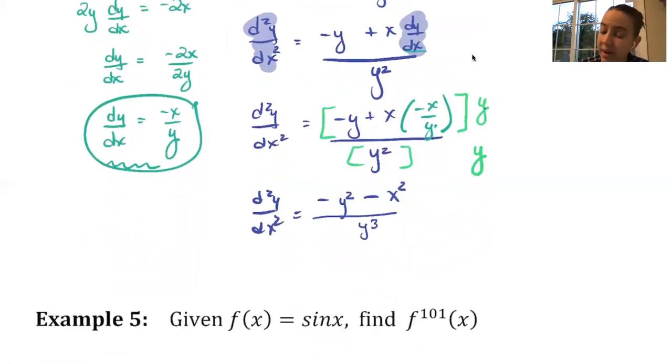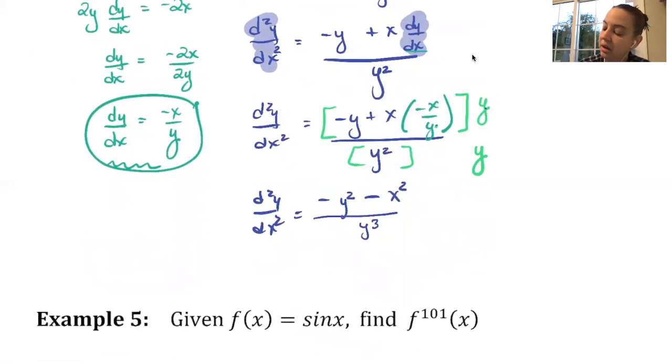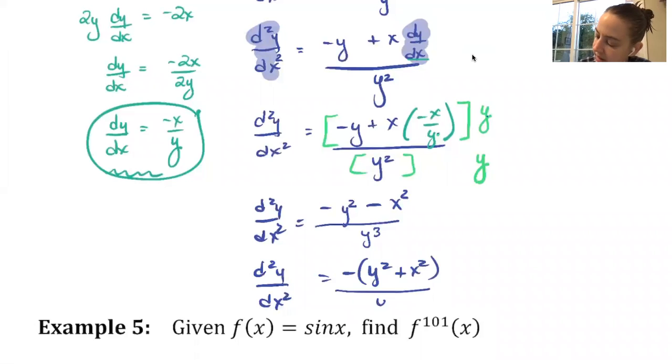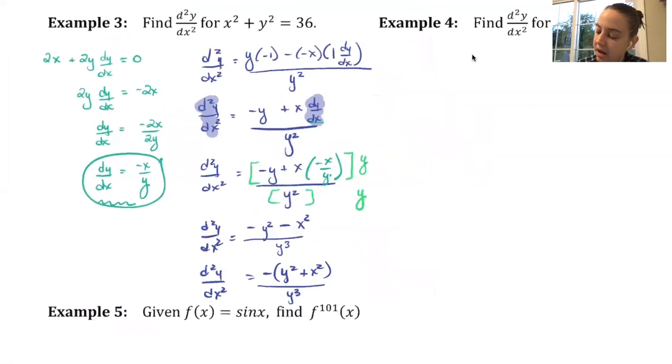But there's more. When I look at the numerator, I can factor out a negative sign. Something like this. Does that look familiar at all? Well, yeah, check this out. x squared plus y squared equals 36.